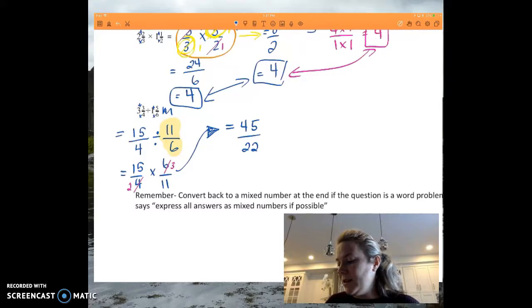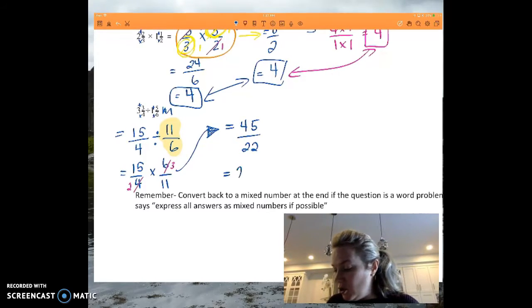Okay? So I'm going to convert this back to a mixed number, because we need to practice that, because that's going to happen on all of our assessments. So how many 22s can I fit into 45? 1 22 is 22. 2 22s is 44.